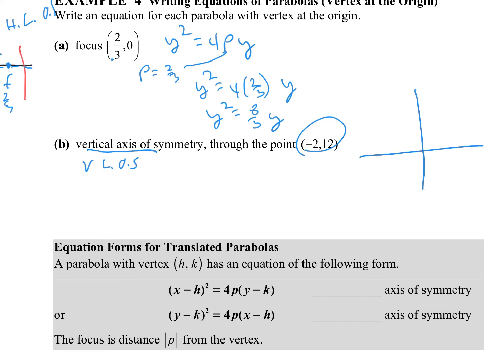It's still 0, 0 because he told me up there at the beginning. He says they're always at the origin. So I'm at the origin, and it's a vertical line of symmetry, so it's that line. And the parabola goes through negative 2, 12. Negative 2, 4, 5, 6, 7, 8, 9, 10, 11, 12. Way up there. Way over there is a point on that parabola.